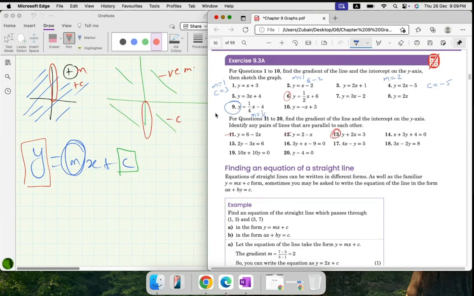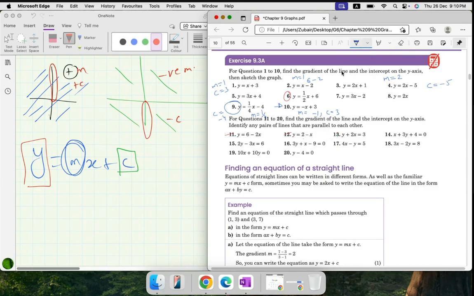And what is the y-intercept? It's minus 4. It's a negative, so that's right. Try number 10. Gradient is minus 1. And what is the y-intercept? Positive 3.